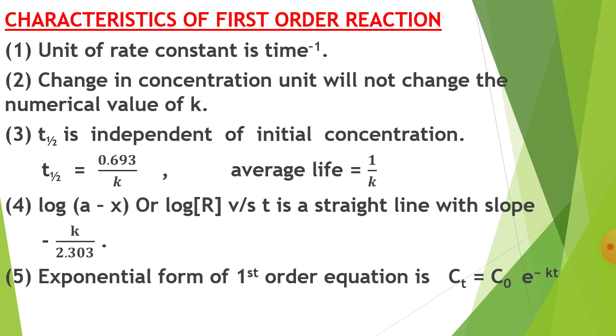Fifth point, the exponential form of the first order equation you can write like this: Ct equals C0 e to the power minus Kt, or you can also write R equals R naught e to the power minus Kt. This is the exponential form of first order reaction. So these 5 properties about the first order you also have to know for your examinations.